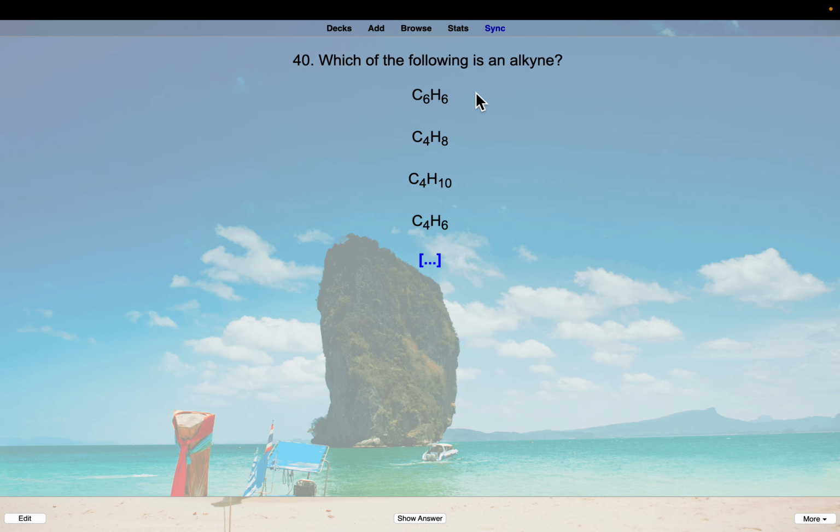Which of the following is an alkyne? So triple bonds. We're going to expect that the hydrogen count is going to be low. So definitely not this. 10 is too much. C4H8, I think this is still too much. C6H6.